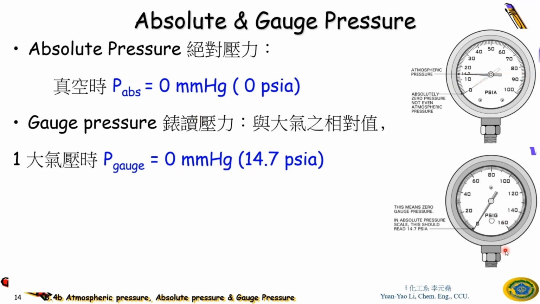So if you have two tools to measure the pressure, and one tells you PSIA, one tells you PSIG, you need to know the definition of PSIA and PSIG. So at one atmospheric pressure, in the gauge pressure gauge, actually it's called Bourdon gauge, the indicator goes to 0.